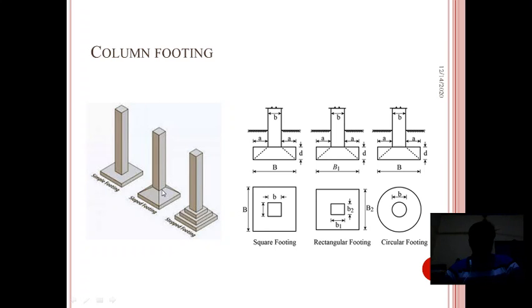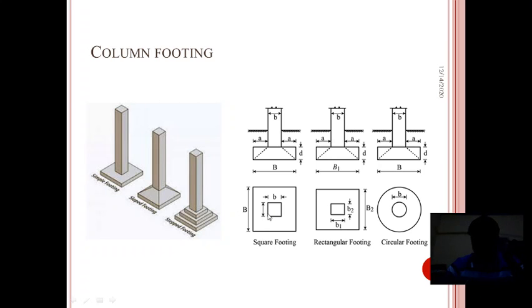Here we are providing a slope: it is completely a square, but it is sloped at the junction of the column to the footing. And the third one is stepped footing or spread footing.